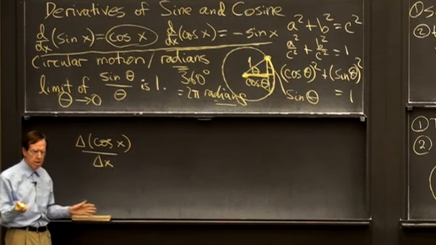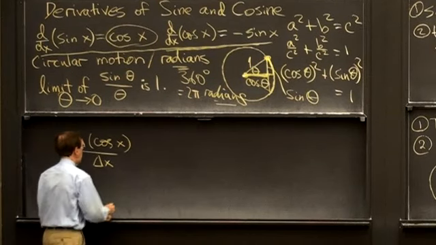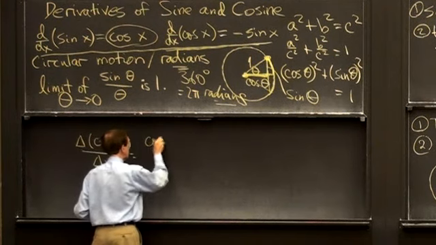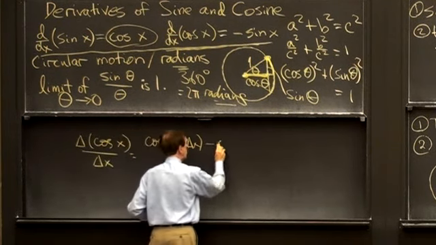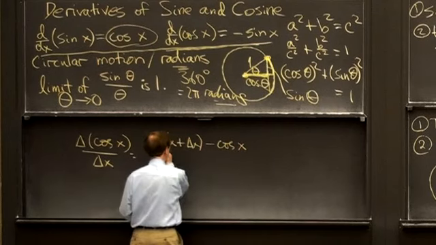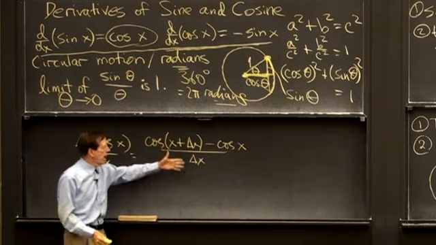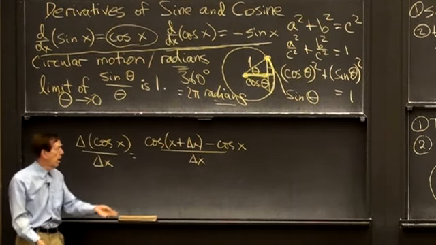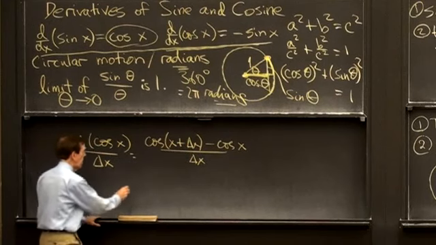Right? That's what we do. We have to simplify that. Then we have to let delta x go to 0. So what does this mean? This means the cosine a little bit along minus the cosine at the point, divided by delta x. Again, we can't do that division right away, but we can simplify this by remembering the formula.